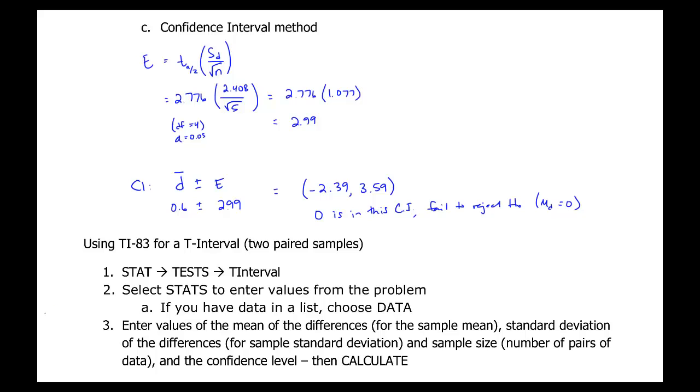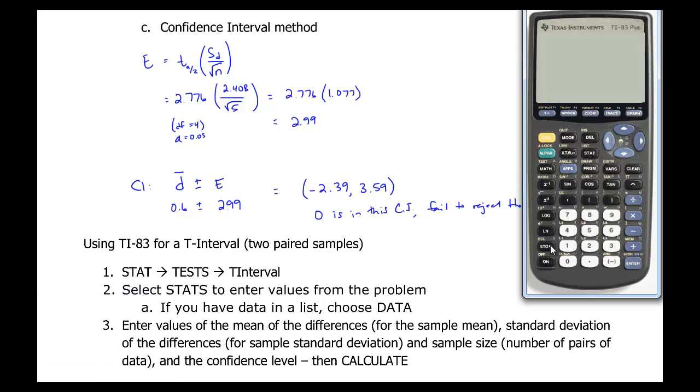All right, so let's see how the calculator can do a confidence interval. In your stat menu for tests, we're going to do a TInterval. And remember, we're using 2 samples, but we calculated the differences, so we would just have one list or one set of data. So we're using TInterval. We have the list of the differences stored in list 3. So let's use data. List 3, frequency is going to be 1.